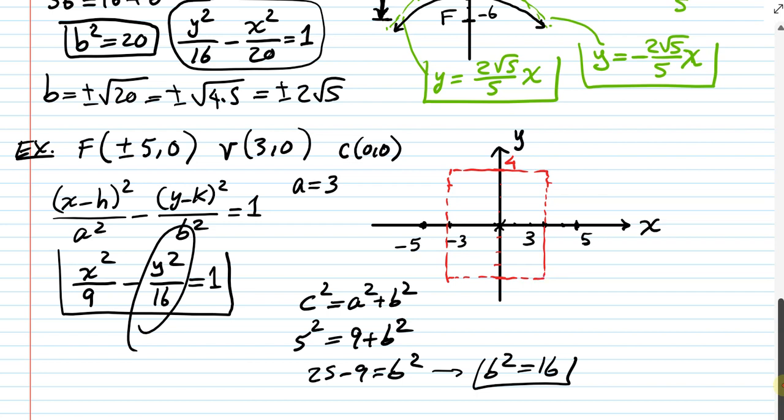Now, once I have the fundamental rectangle, let's actually do the asymptotes, because it's much easier visually, yet it's not too distracting. I can draw these. And remember, we are looking for a horizontal hyperbola.